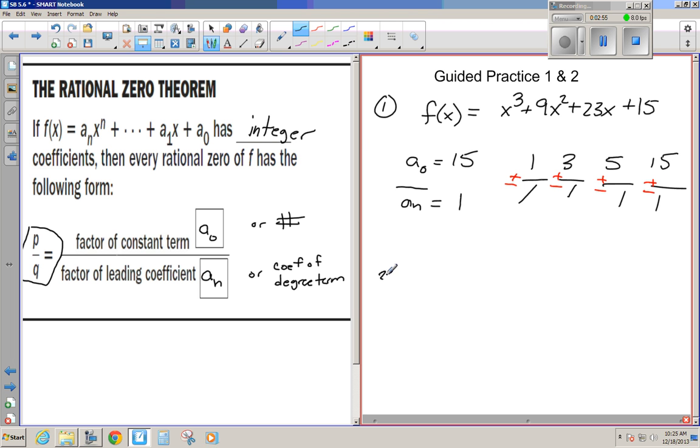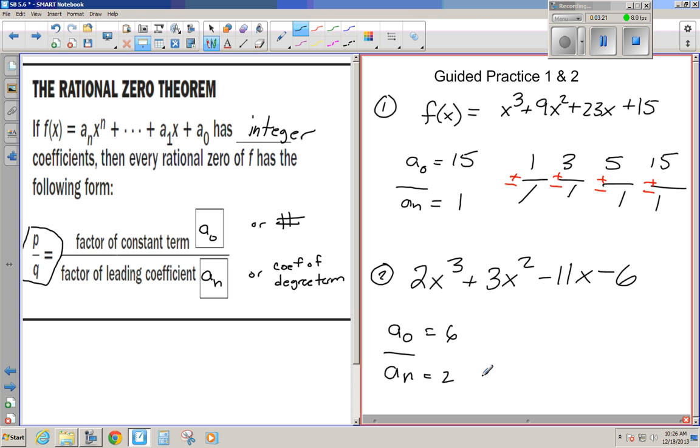So look at guided practice number 2. You've got 2x cubed plus 3x squared minus 11x minus 6. So the way this is set up, you take, again, the constant term and the leading coefficient. So now 6 is 1, 2, 3, 6.